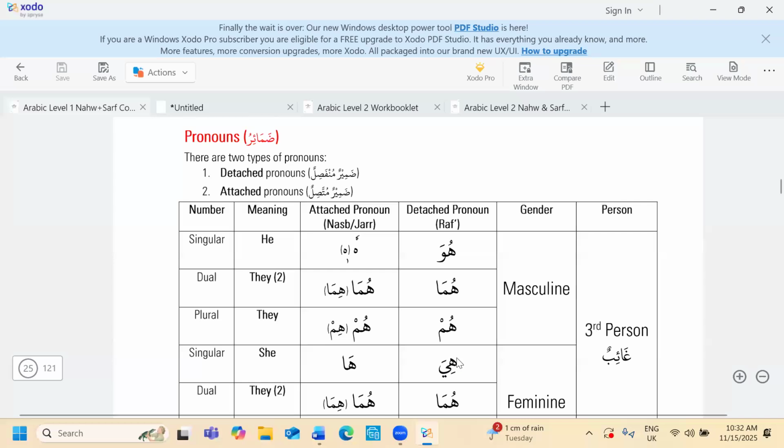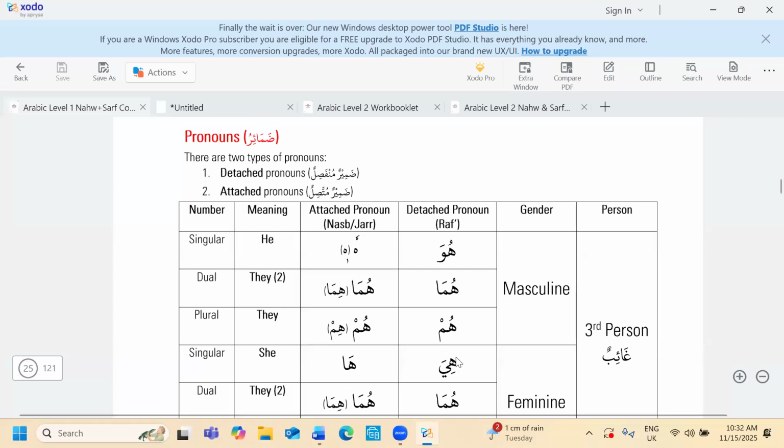So the original meaning of hiya is she or it, but if you're referring to an irrational plural, you're not going to say she is pens. You're going to say they are pens. It really doesn't make sense to say she is pens. So hiya can also mean they.